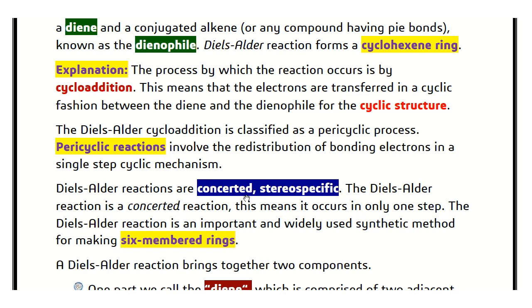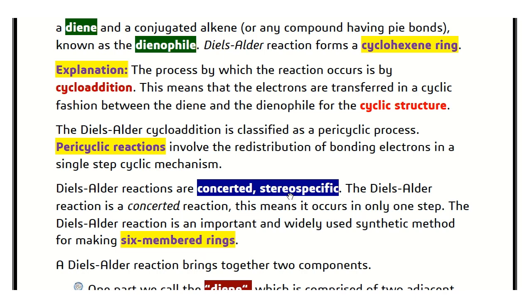Concerted means the reaction occurs in a single step. It does not require multiple steps. The single step transition state also occurs in that same single stage of the reaction, and the reaction is stereospecific because there is a certain stereochemical requirement for the Diels-Alder reaction.